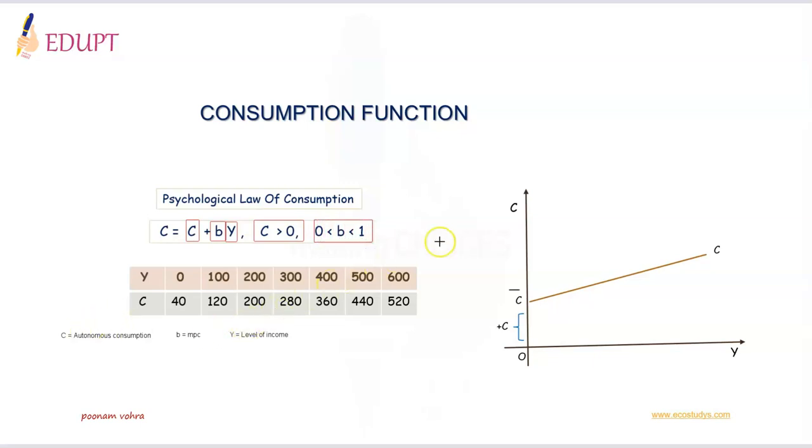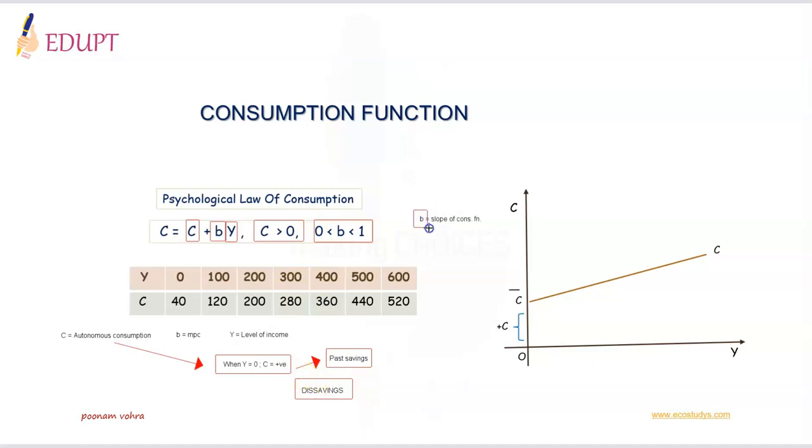Autonomous consumption means when income is 0, consumption is positive. Such consumption expenditure is incurred from past savings. Since past accumulated savings get reduced by that amount, it is also termed as dissavings.